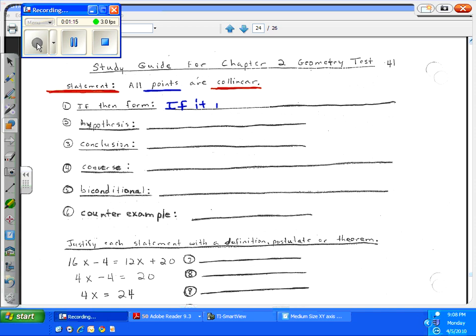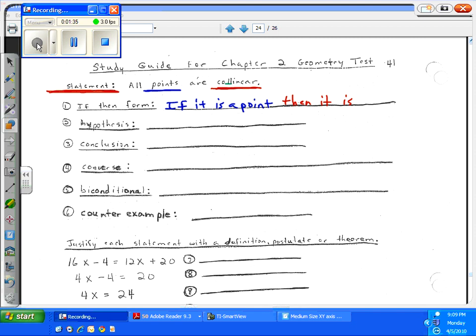If it is a point, then it is... now see, that didn't work, did it?